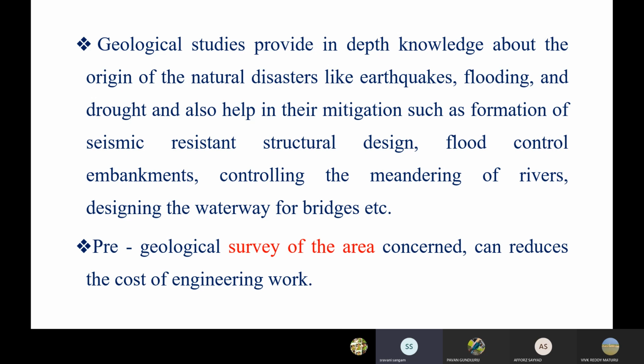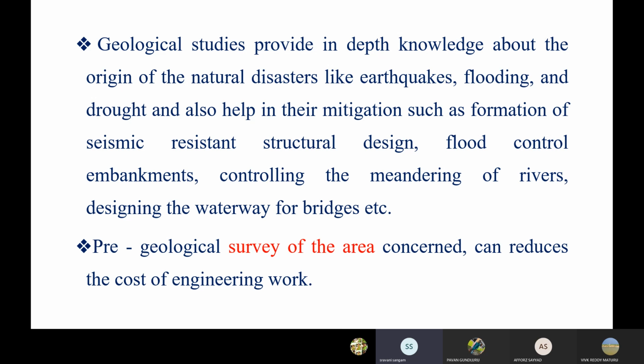By using this subject, we know about the earthquake, how an earthquake comes, how to measure it, and how to identify it. Then earthquakes and flooding. Flooding means overflow of water. We can call it floods.